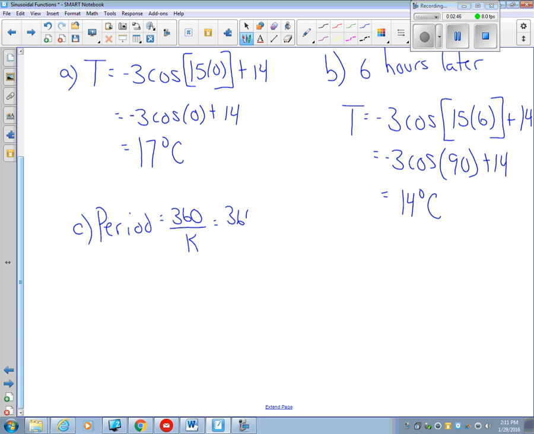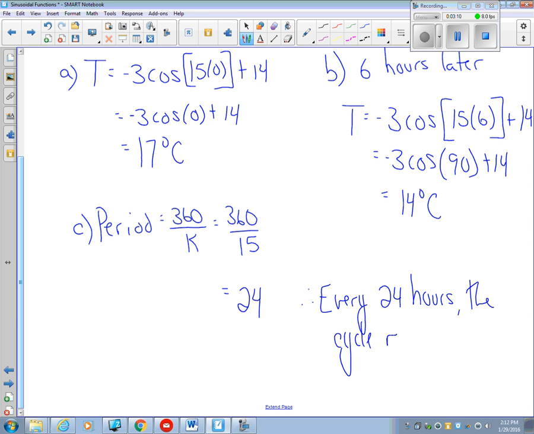In our case, k was 15. So 360 divided by 15 comes out to 24. What's that telling us? Well, remember our units here is time in hours, so every 24 hours, the temperature cycle repeats. That should make sense, right? Over the course of the day, the temperature goes up, goes down overnight, and comes back up during the daytime. Yeah, it kind of makes sense in a logical fashion, right?